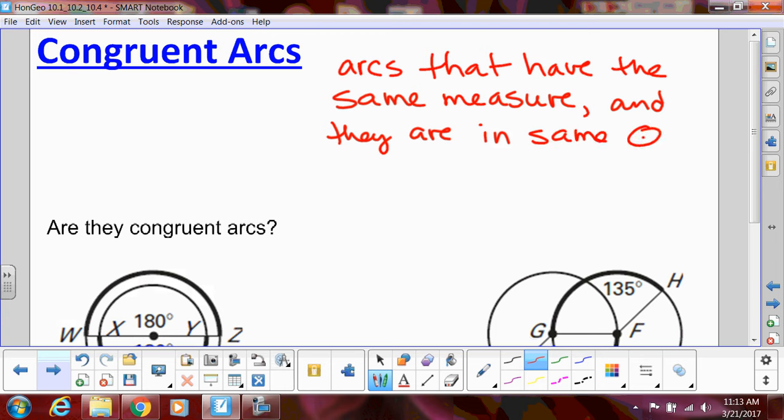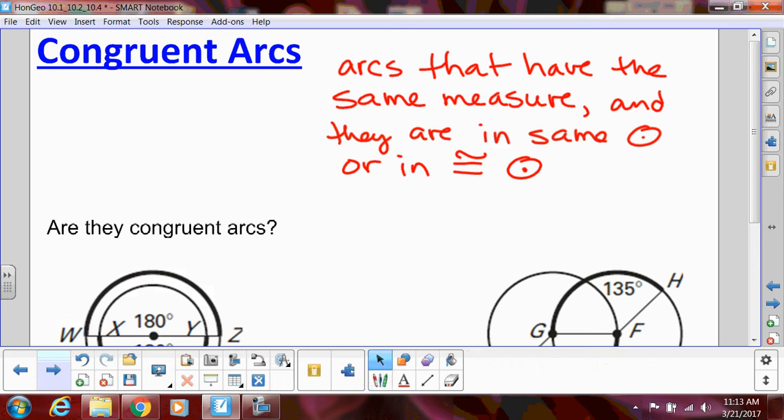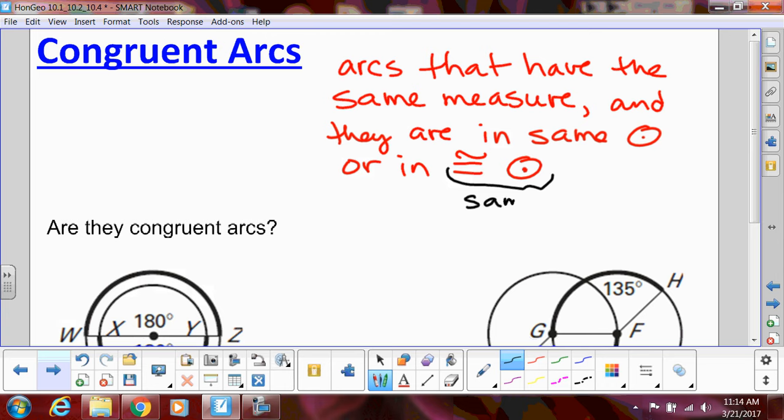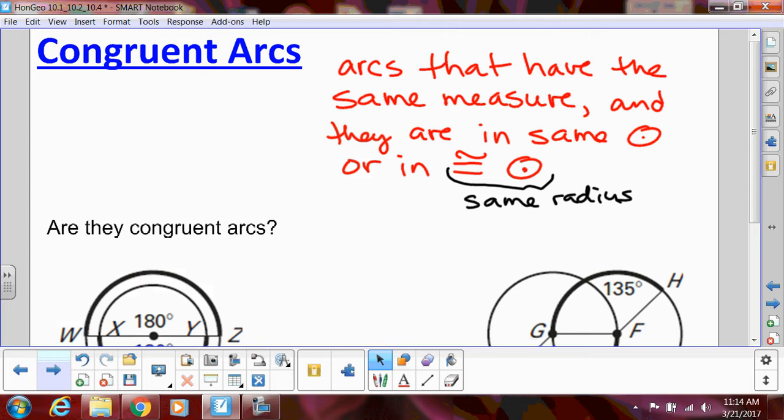Here's the symbol for circle, just an actual circle. Or they are in congruent circles. So what do I mean by congruent circles? Congruent circles means they have the same radius. So they have the same size. Okay, so they're either in the same exact circle or they're in circles that have the same radius.